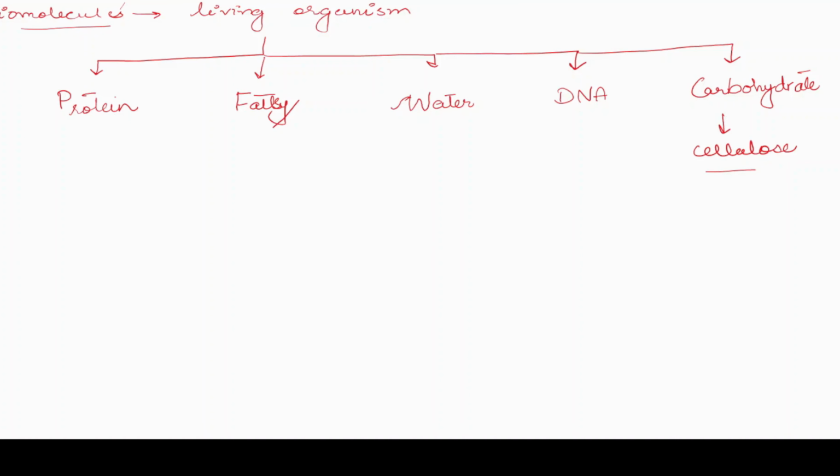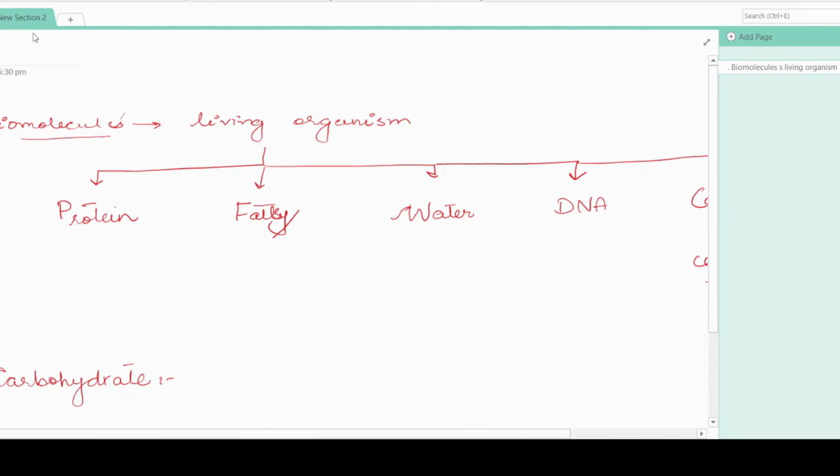The very first one is, let's start with carbohydrates, the simplest one. Because we are reading about the biomolecules, now we'll go into the chemistry of the molecules.